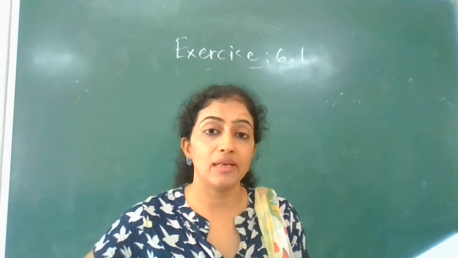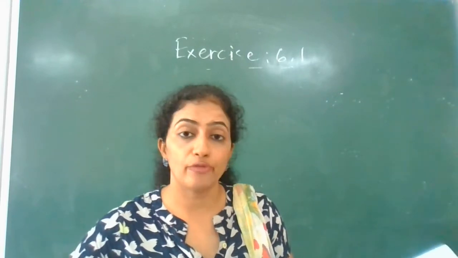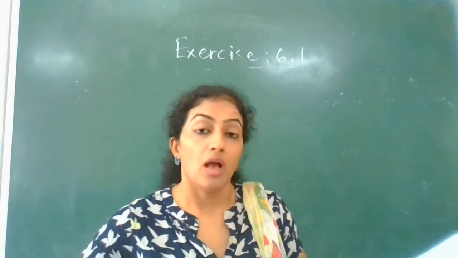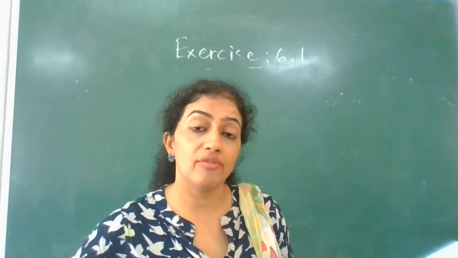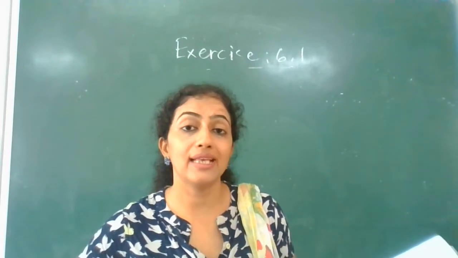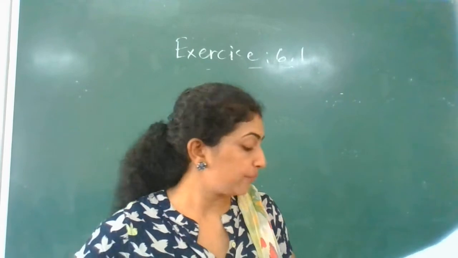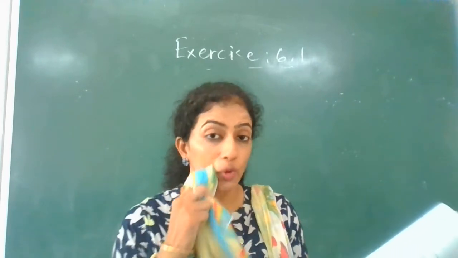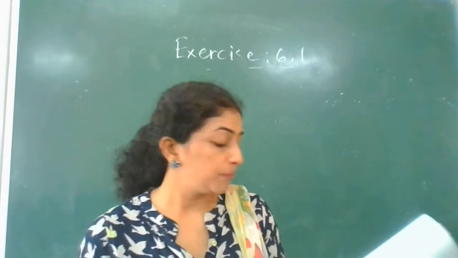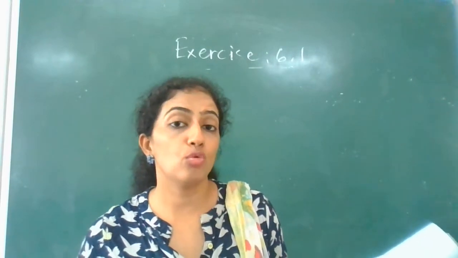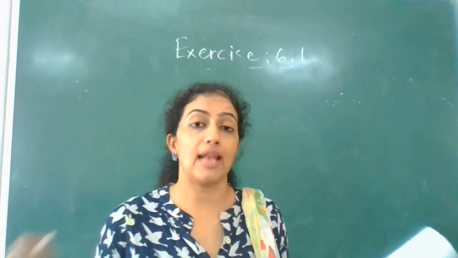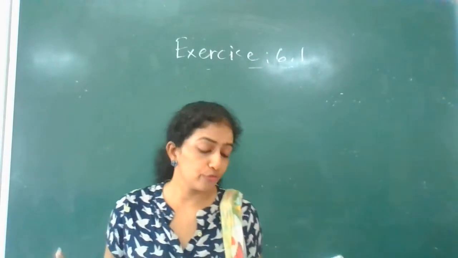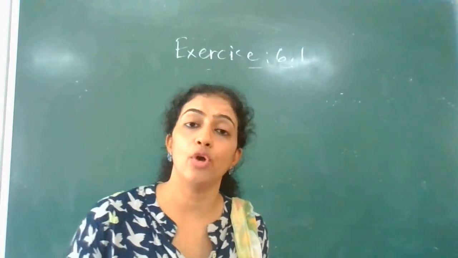I'll show you A and B, then the rest you have to complete on your own. For each and every number you'll draw a separate number line. I'll show you A and B so that you can understand how to present it in the classwork.